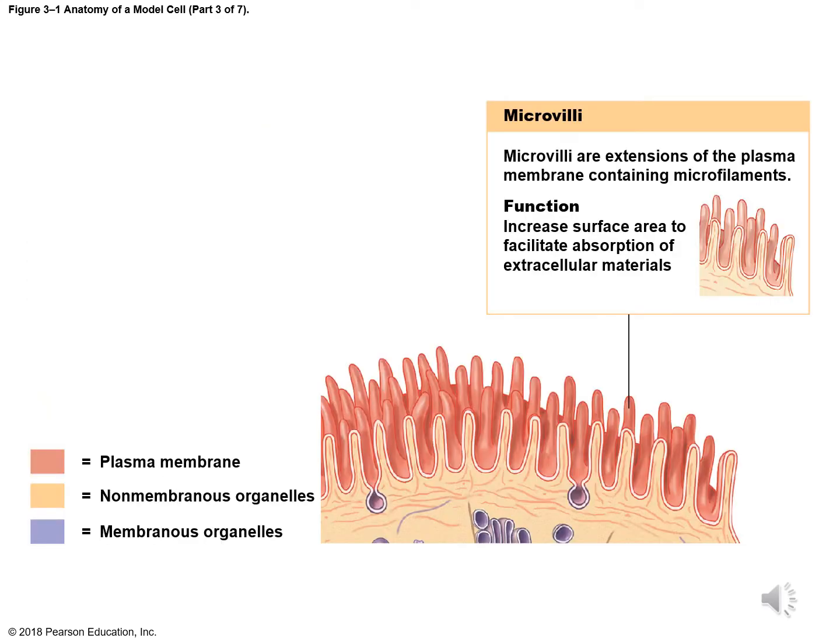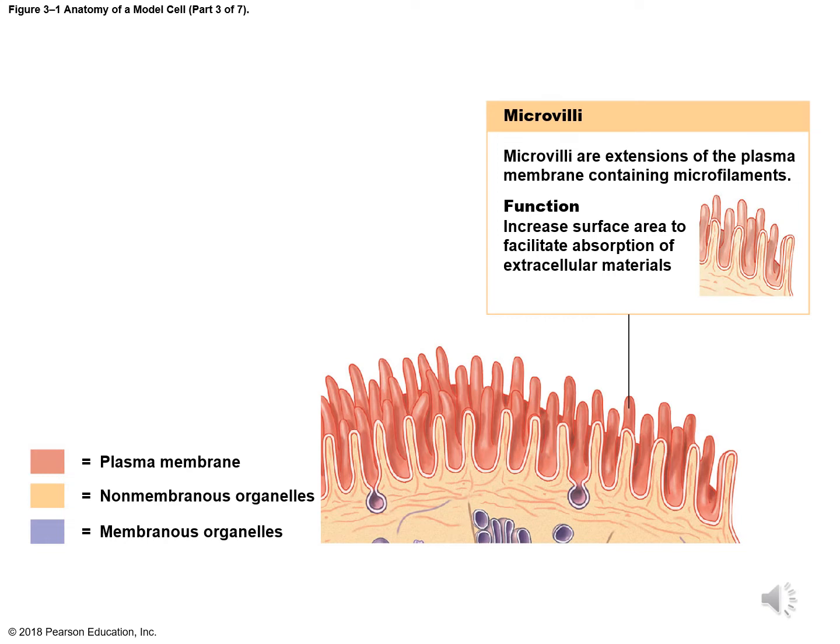The second of the non-membranous organelles are microvilli. Now these are small finger-like projections of the plasma membrane. They contain microfilaments going out to give them some support, and their function is to increase the surface area of the cell membrane for absorption, so they can absorb extracellular materials. They're going to be found lining the small intestine to absorb nutrients.